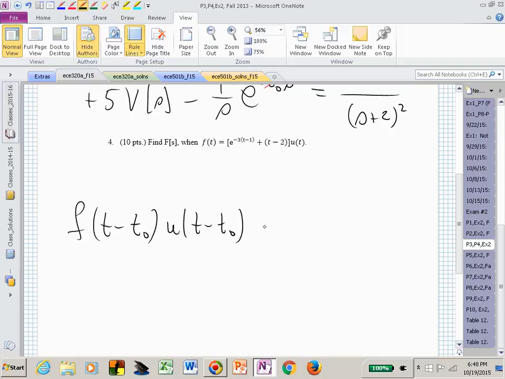Then I can immediately say, oh, this is capital F of s e to the minus t naught s. So I need to make the argument of my switch, or this unit step, look like the f's argument.